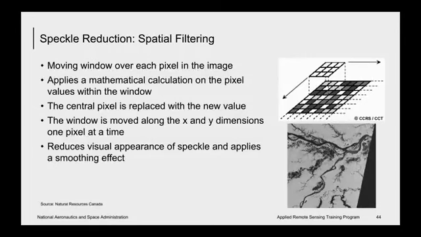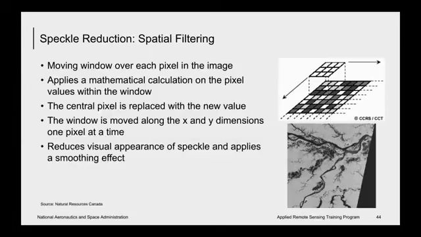This consists of moving a small window of a few pixels in dimension, and you can define the size of this window: 3 by 3, 5 by 5, 7 by 7. You move this over each pixel in the image, applying a mathematical calculation using the pixel values within the window, and then you replace the central pixel with the new value.